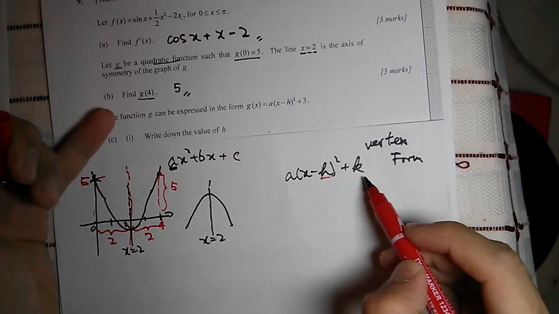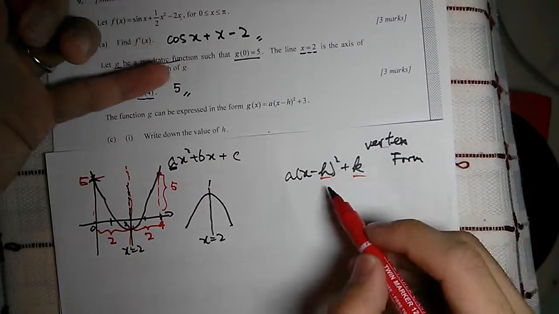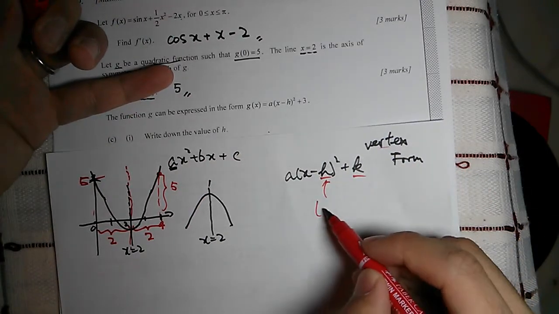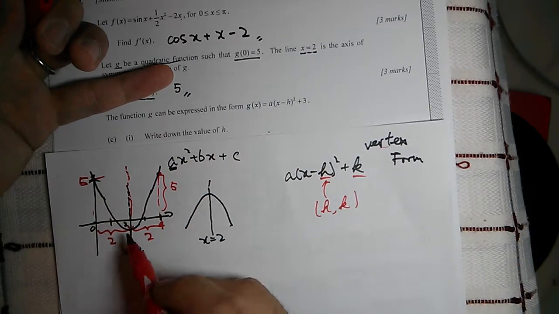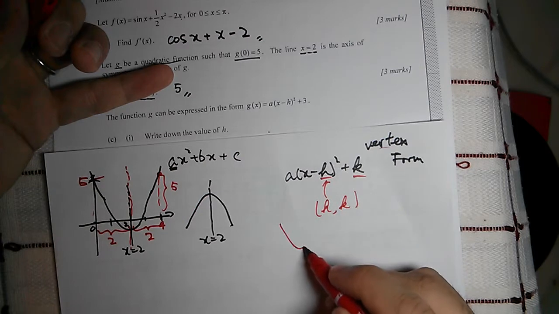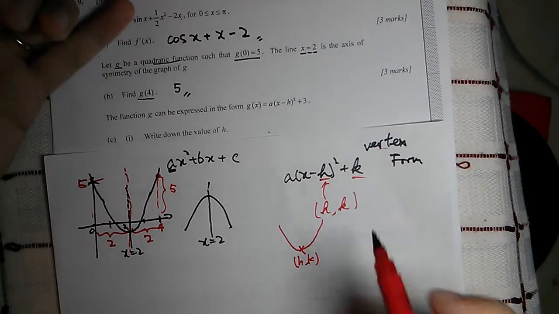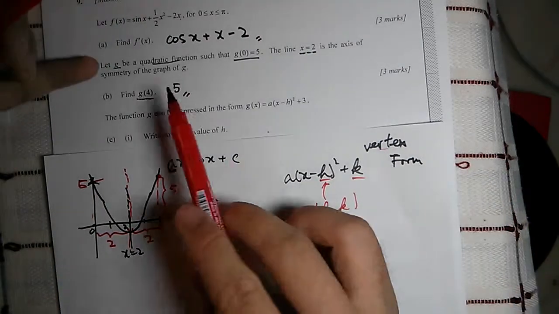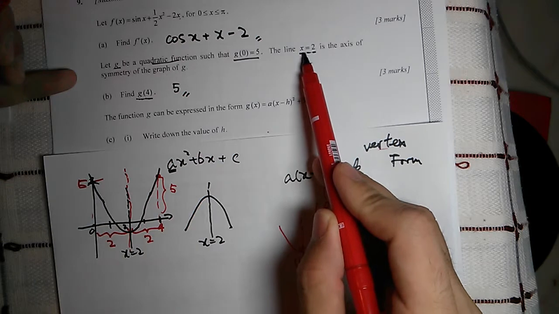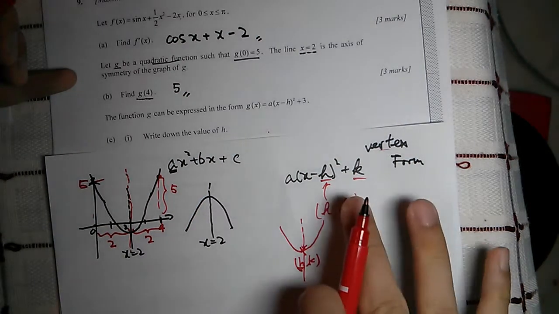They give you the coordinates of the vertex, hence the name vertex form. h is the x coordinate and k is the y coordinate. So this point would be h, k, and this line is the axis of symmetry. For g, the axis of symmetry is x equal to 2, which guarantees that h is 2.